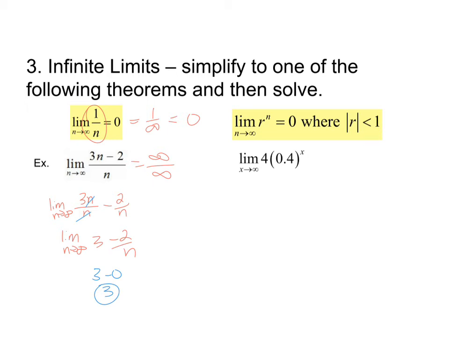Okay. The second limit law that's on this page looks a little different, but it works pretty much the same thing. What this one is saying is, what's the limit as n approaches infinity of r to the n? If r is a fraction, the way it's written here, the absolute value of r is less than 1. So that means r has got to be a decimal or a fraction.